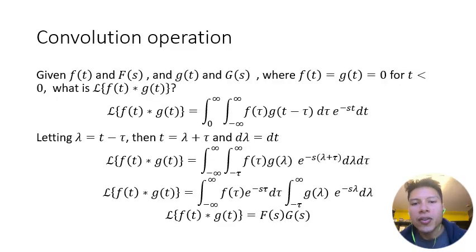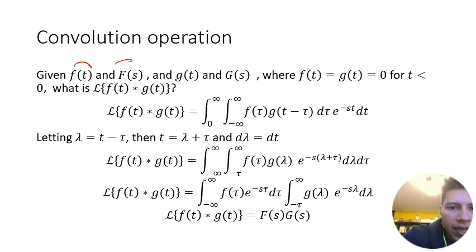Okay, so let's say we want to do the Laplace transform of a convolution operation. In particular, if we're given an f of t and we know its Laplace transform, and we have a g of t and we know its Laplace transform, the question is, what is the Laplace transform of f convolved with g?